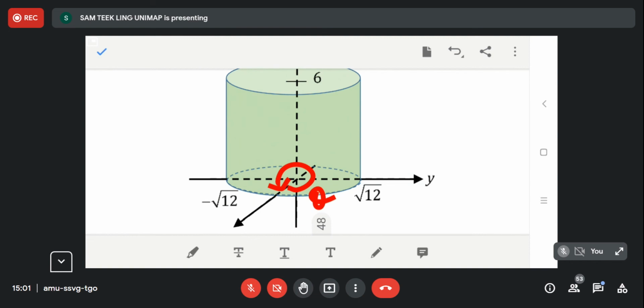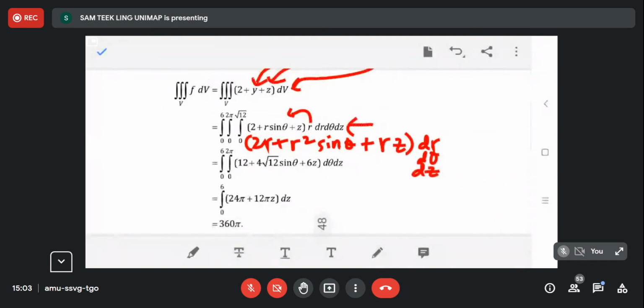Then this form, you can start integrating. For this cylinder, in your textbook some calculations are skipped.